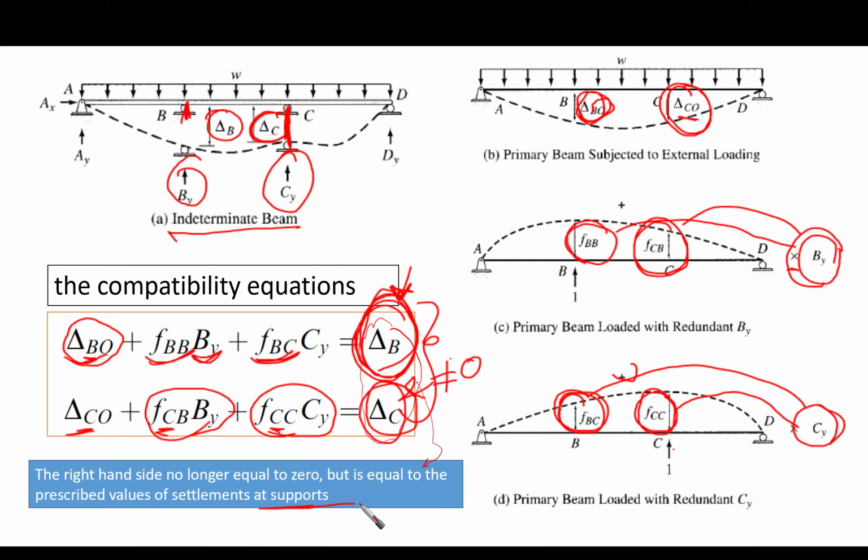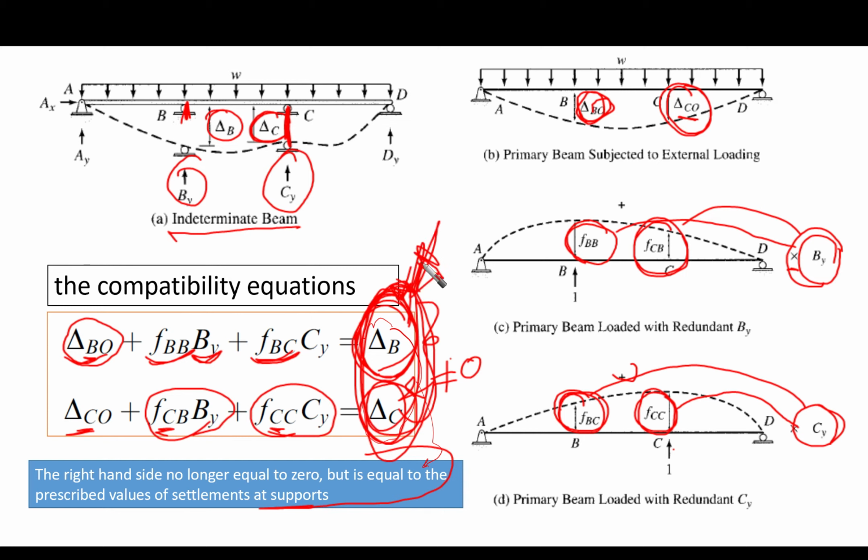This is what I have explained shortly, so take care of this. This is the main idea of the support settlement: we are going to use the same philosophy that we have used before in solving the different systems using consistent deformation, but instead of having the right hand side be 0, it is going to be a value.